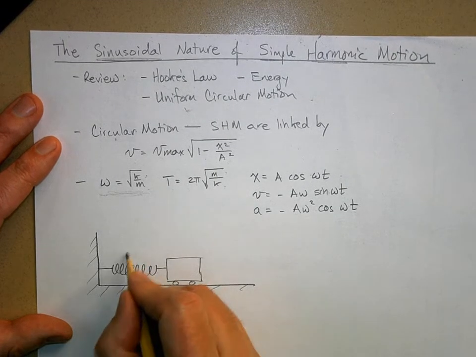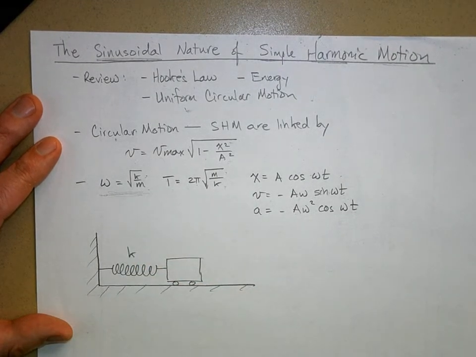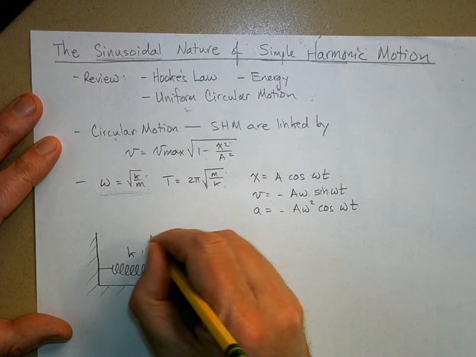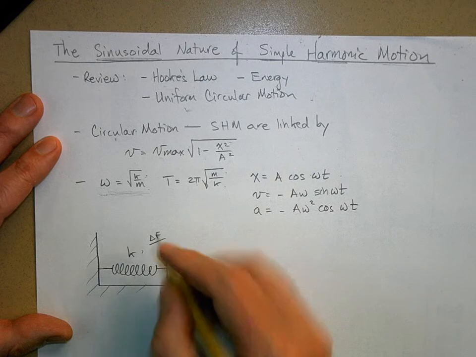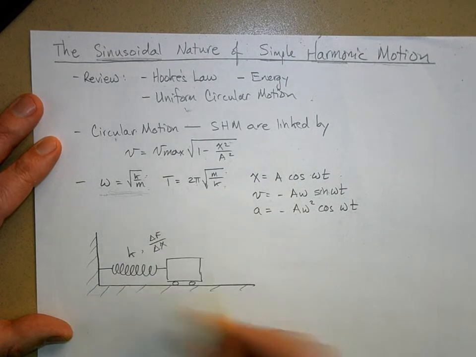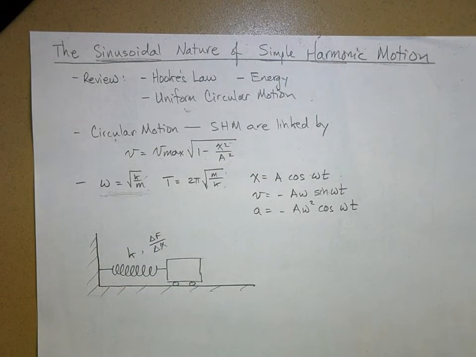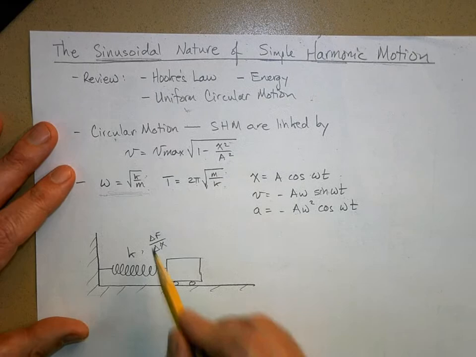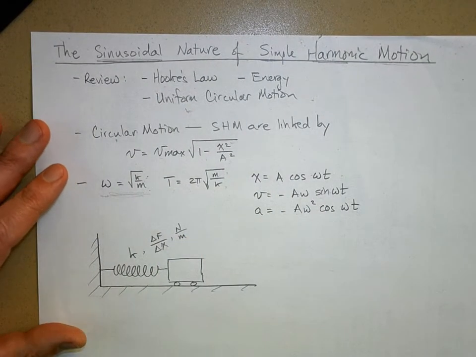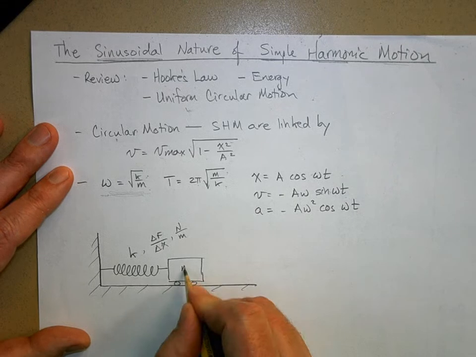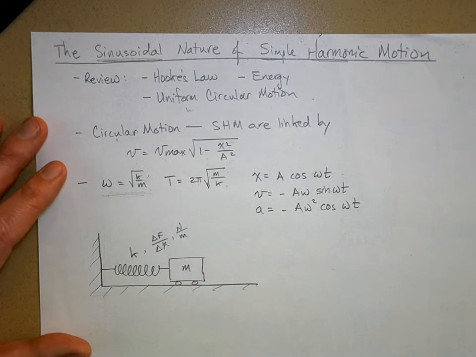This spring has a certain spring constant k, and remember that's the change in length of the spring you would get if you change the force on the spring. This is in newtons per meter, and this has some mass m in kilograms.